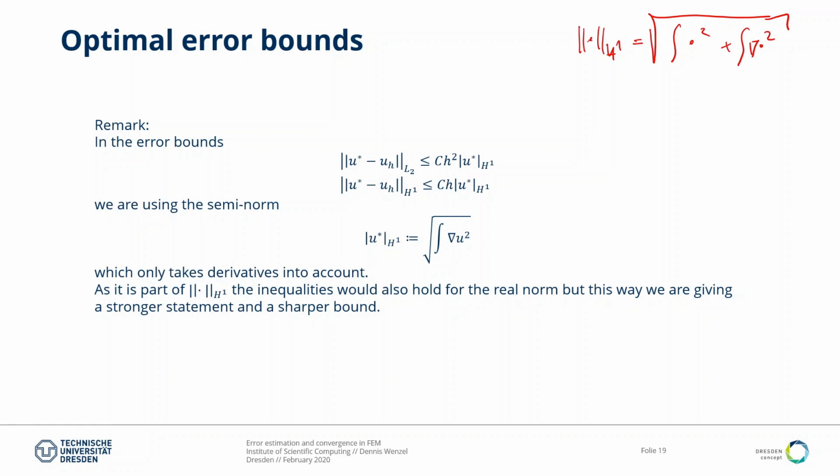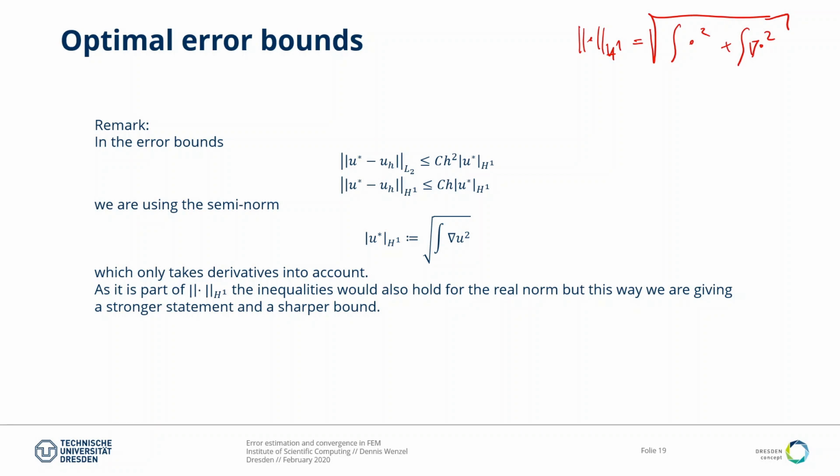The reason why this is a semi-norm and not a norm is that it is not positive definite, because you can easily construct a function that has zero semi-norm but is not the constant zero function. If you think about any constant bigger than zero, then the gradient of this will definitely be zero.